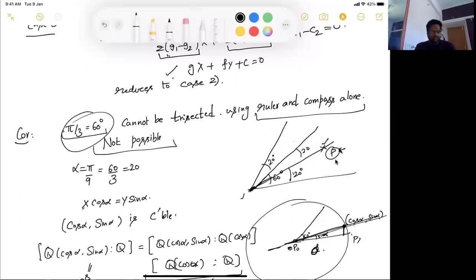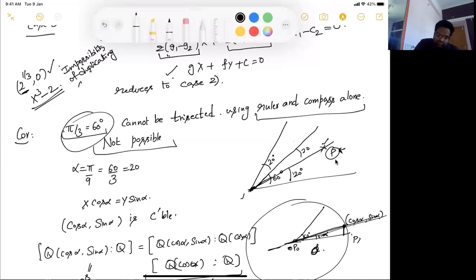All right. Similarly, you can show that (2 to the power of 1/3, 0) is not a constructible point because the minimal polynomial of this is x cubed minus 2, which is irreducible over Q by Eisenstein's criterion with p equal to 2. So you can easily see that this corresponds to the impossibility of duplicating a cube using ruler and compass alone.